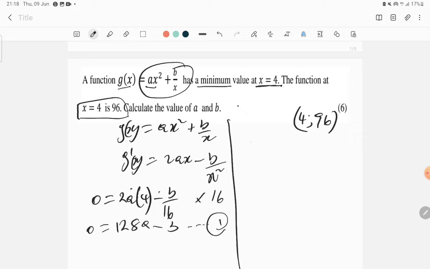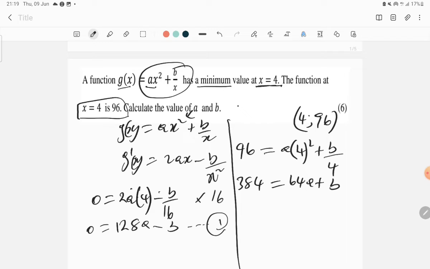Now we say 96 in the place of g is equal to a, in the place of x we put 4, but this 4 is going to be squared, remember, then plus b over 4. Good. So this is what we have now. Then if we multiply by 4, 96 times 4 is equal to 384, which is equal to 8 times 4, which is 16 times 4 is 64. So we have 64a plus b, just to make it linear.